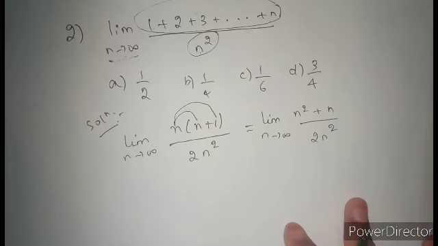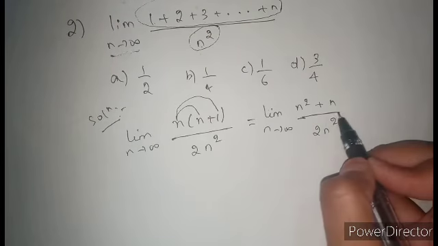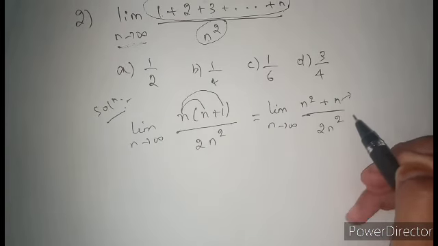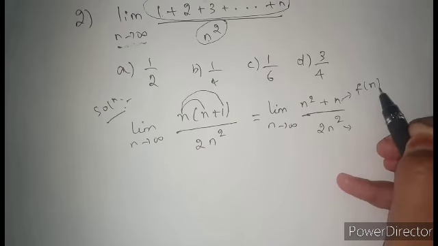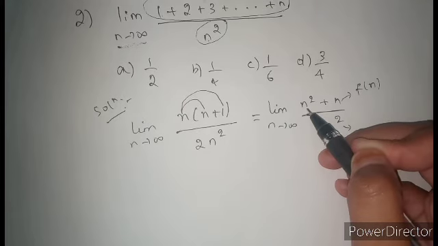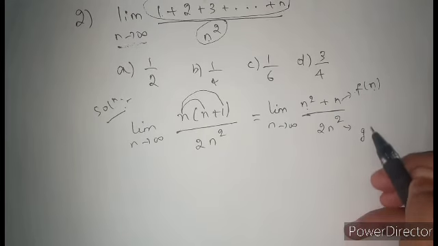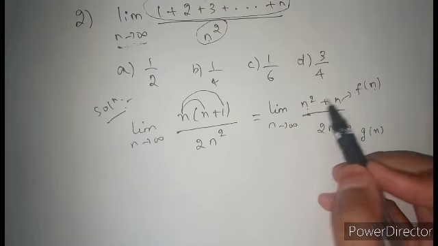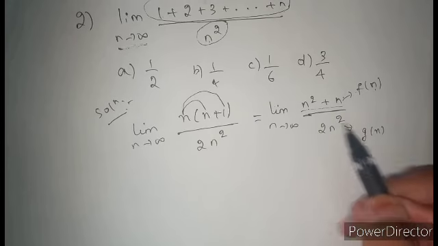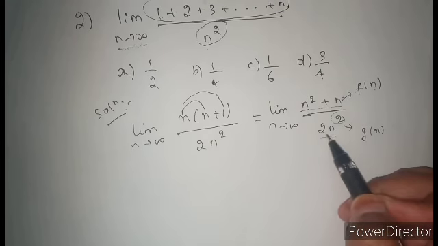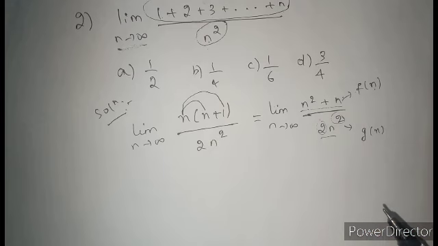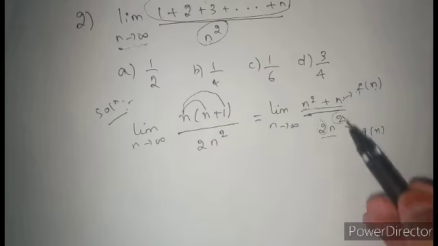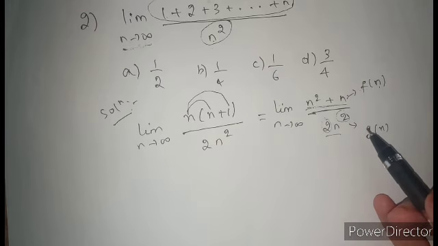See, now n is tending to infinity, and this is one function, generally f of n. So here instead of x we have n, so f of n and g of n, okay? See, we have variables in the powers, we have constants. So this is an algebraic function, of the form f of n by g of n, a rational function.